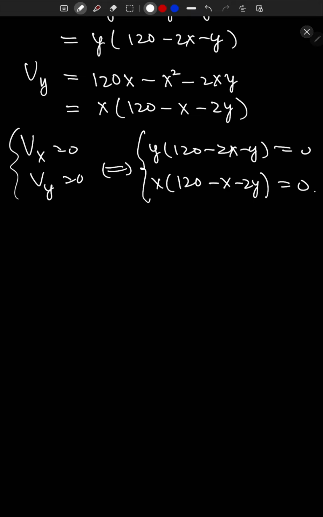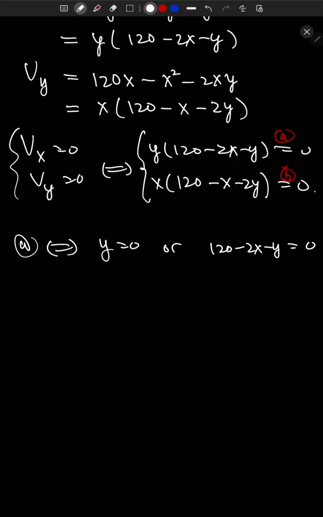All right, let me call this one A, let me call this one B. A tells me, so you want to be very careful about your algebra, right? A tells me that either y equals 0 or 120 minus 2x minus y equals 0, right? If you forget this y equals 0, you might miss a critical point or miss a candidate point. So you have to remember that, okay?